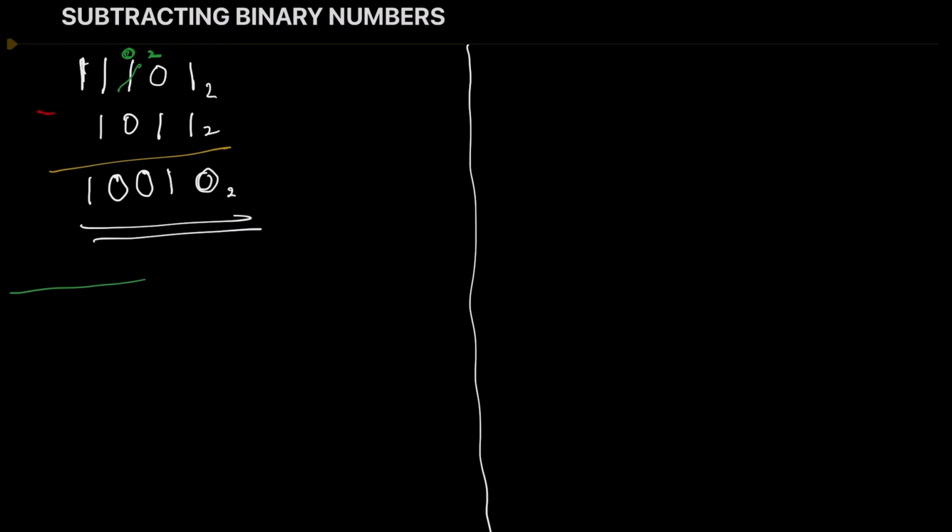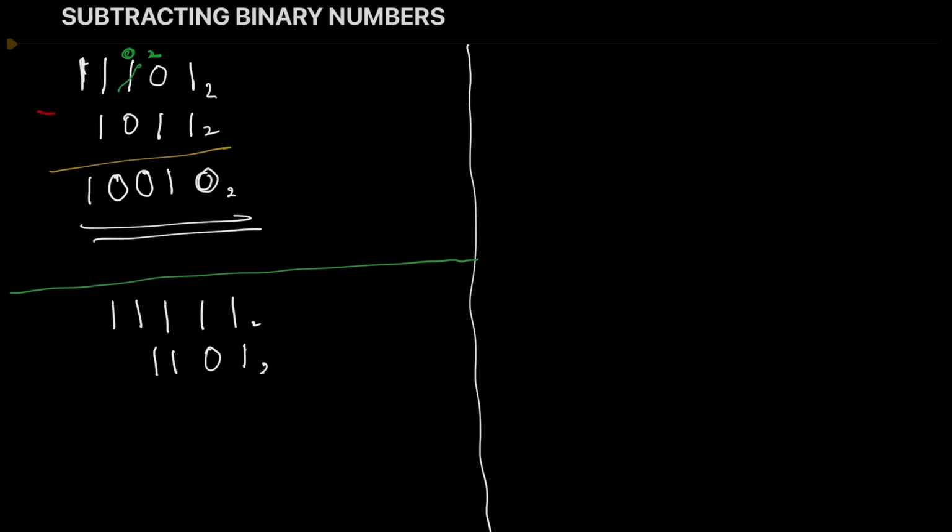So we take another example where we subtract another set of numbers. Here we have 1, 1, 1, 1, 1, and then here we have another 1, 1, 0, 1.